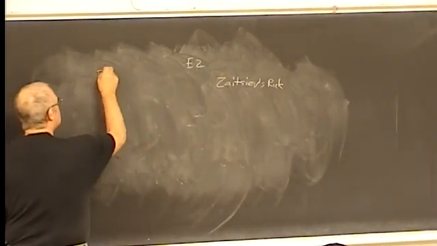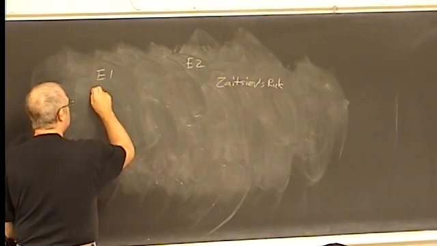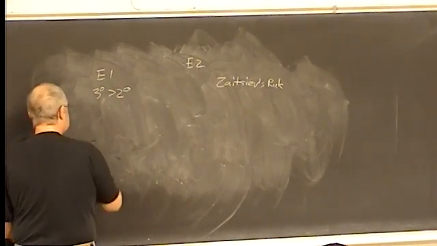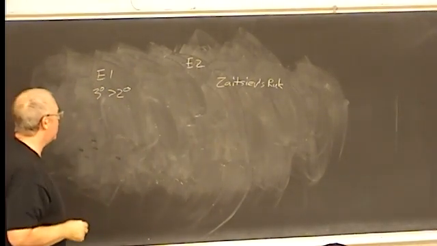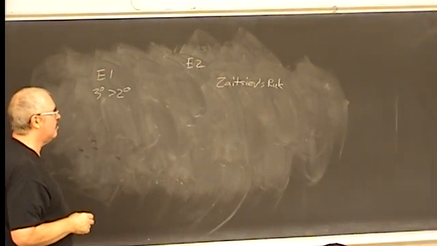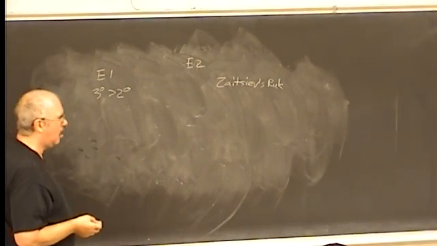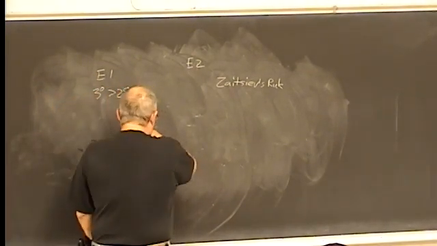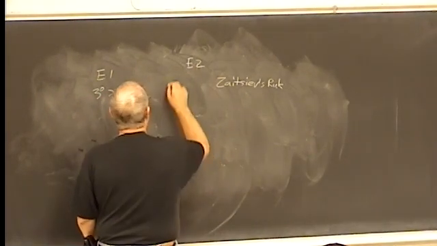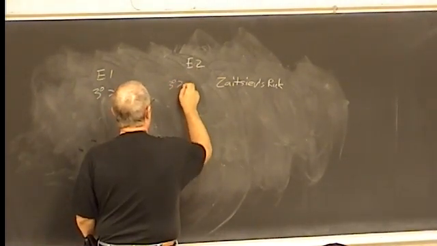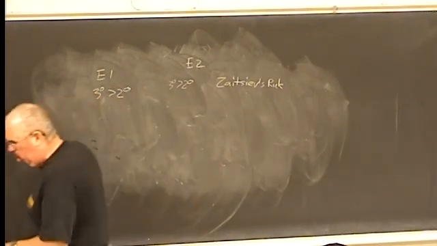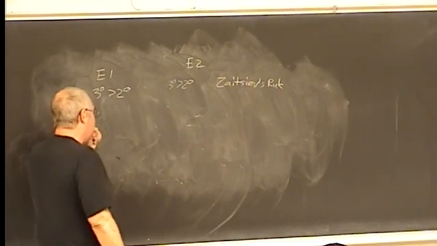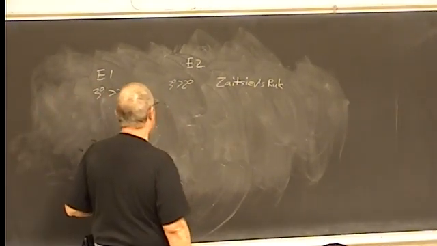The order of substrate reactivity for the E1 is tertiary and then secondary. Primary won't go E1 because that would form an unstable primary carbocation. E2 also goes in this order.